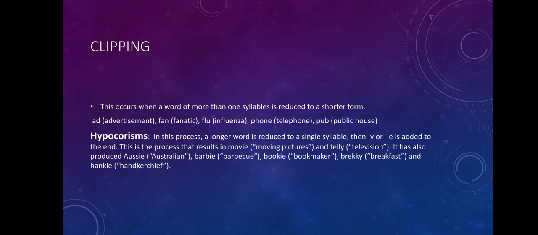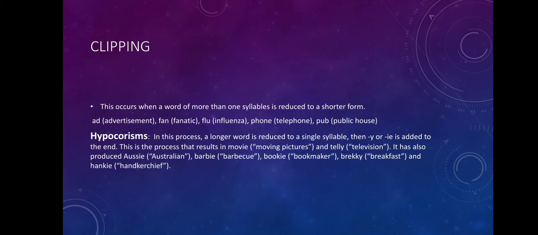Then we have another term, hypocorisms. In this process, a longer word is reduced to a single syllable and we add a y or ie at the end of the original word. There are many examples of such words such as movie.